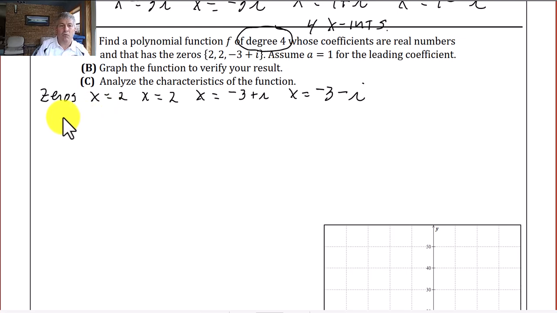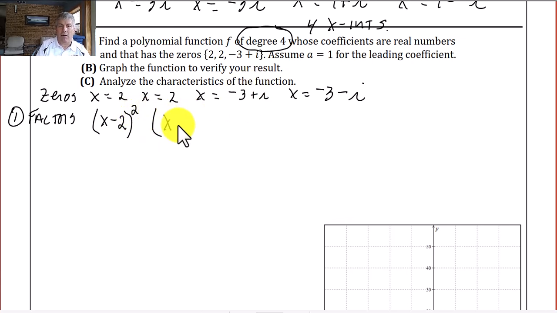From those zeros, we can write our factors. As we saw before, if x equals 2 is a zero, it comes from the factor x minus 2. x equals 2 is another zero, so we have another factor of x minus 2, which I can write as x minus 2 squared.